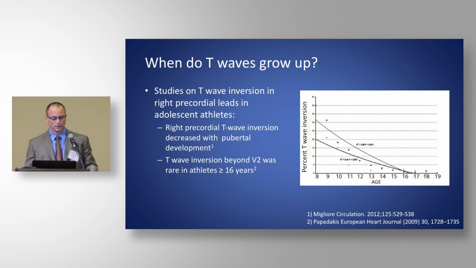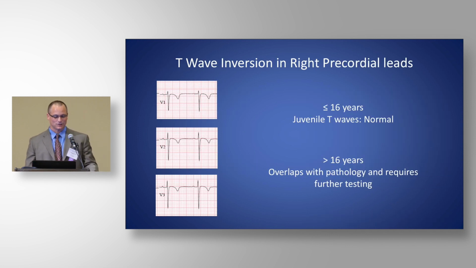And this is just a graphical representation of that with percent T wave inversion, and by age 16, the majority of them have the more normal adult appearance of the T waves. Now, if we actually changed this slide to when do cardiologists grow up, that x-axis would have to extend way beyond 19 for sure.